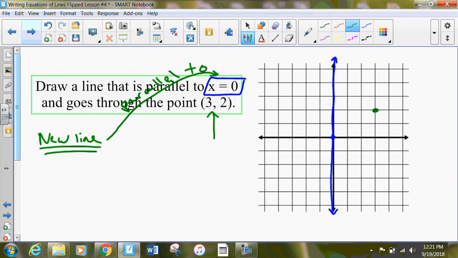There's my point. And so it makes sense that if we want to draw a line through this point that's parallel to the line x equals 0, this line will also have to be a vertical line going straight up and down. So there we have it. Our new line is parallel to our old line and goes through the point (3, 2).